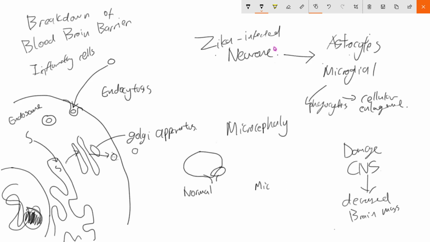In the case of microcephaly, you see that the brain is much smaller, and this represents itself with a smaller head size, especially in infants. So this decrease in brain mass is, or at least is one of the hypotheses of what, causes microcephaly in the Zika virus infected human.